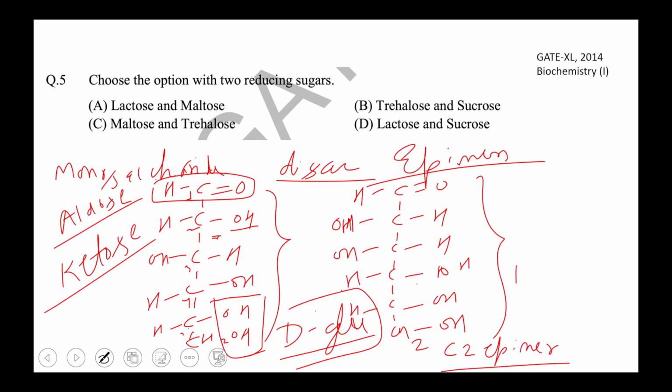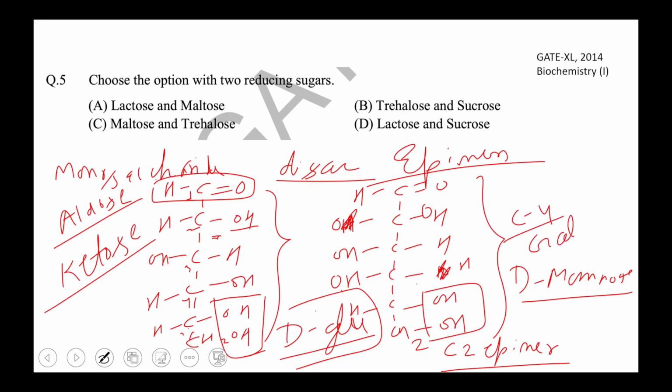This is the structure of mannose, called D-mannose. Other than this, if we leave the second position as it is, and at the fourth position we have the arrangement like this, then this becomes the C4 epimer, and this is called galactose.